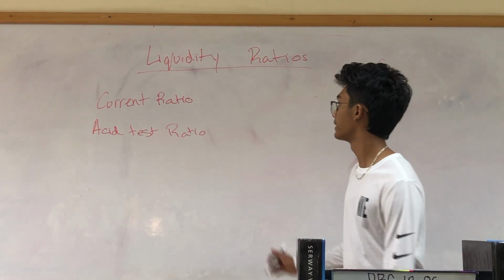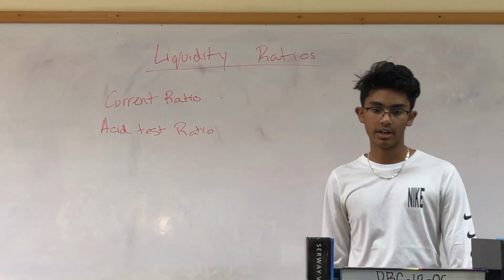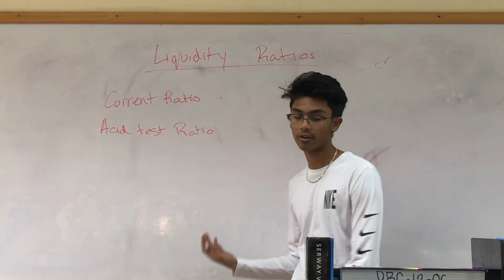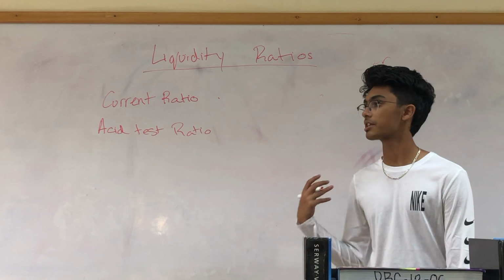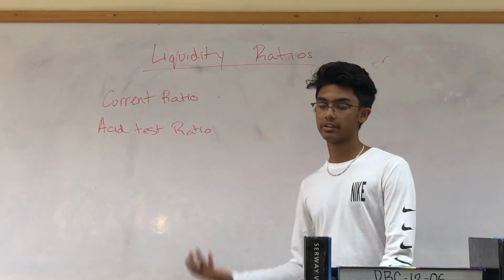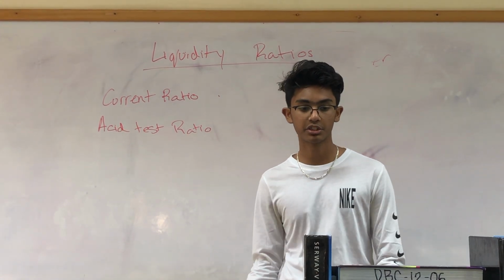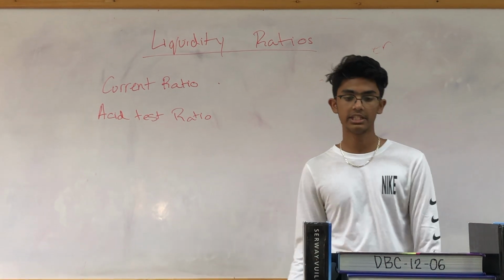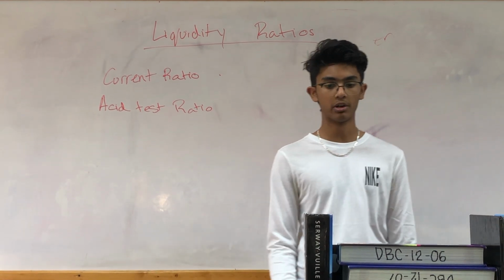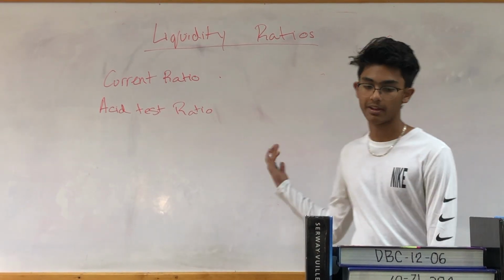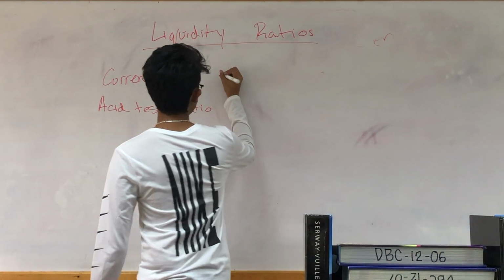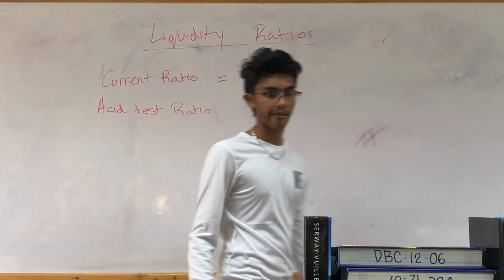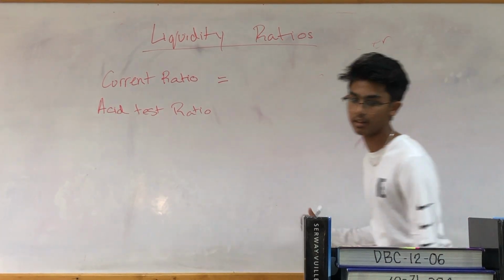First we're going to talk about the current ratio. This shows a firm or company's ability to pay off its short-term debt using its current assets, like the sale of assets. Since there is a short time to raise the needed funds, cash and more liquid assets are used to pay off the debt. Current ratio is calculated by the following ratio: current assets over current liabilities.